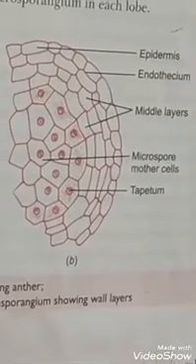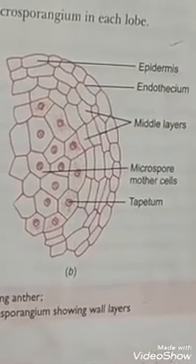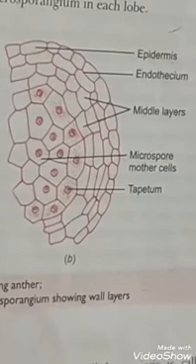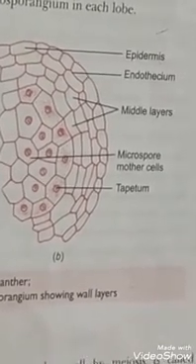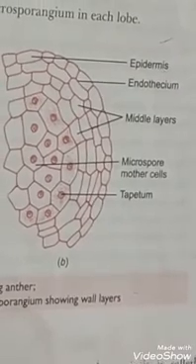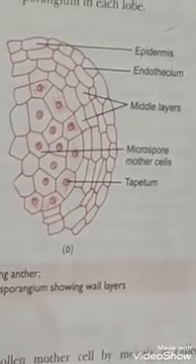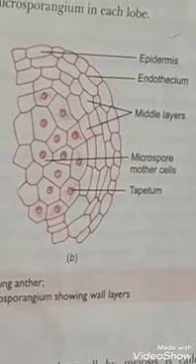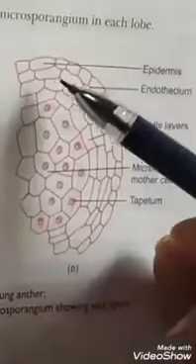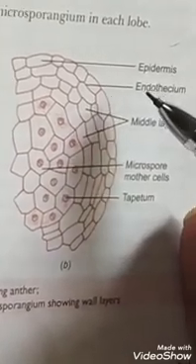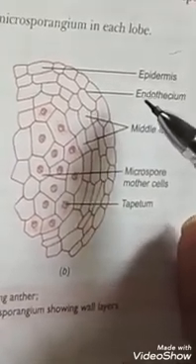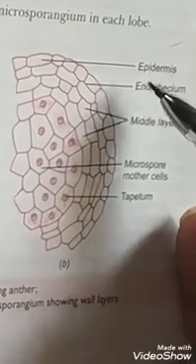Now we take the structure of microsporangium. As I told you, microsporangium appears circular and surrounded by four layers. The outermost layer is known as the epidermis. The cells of epidermis are protective in nature.